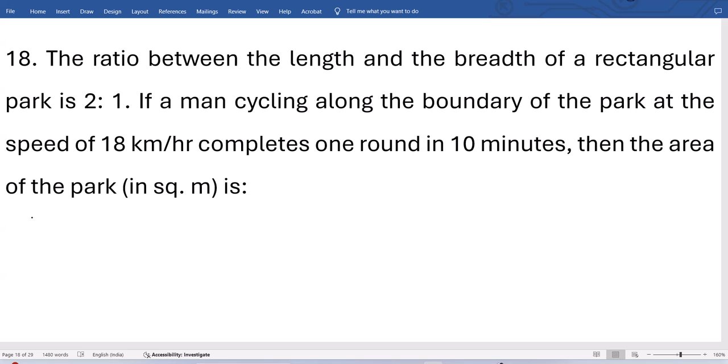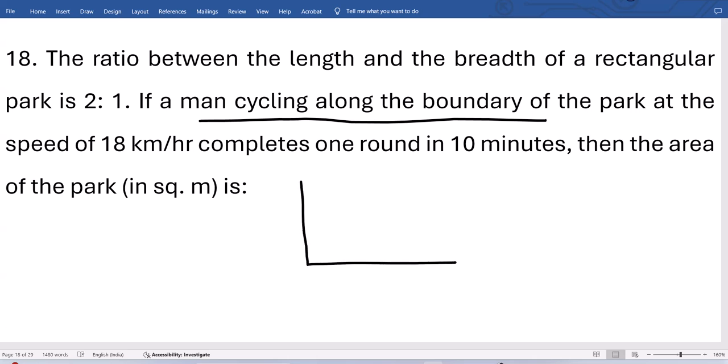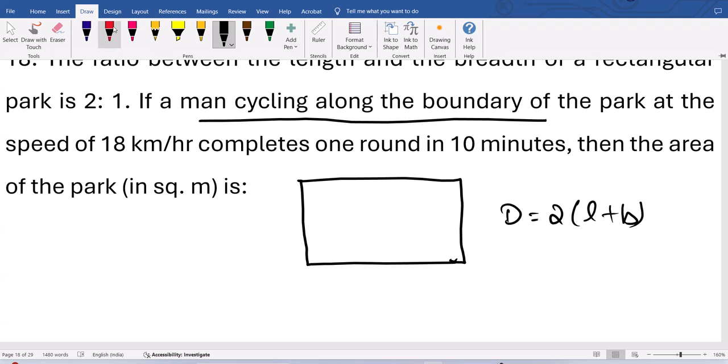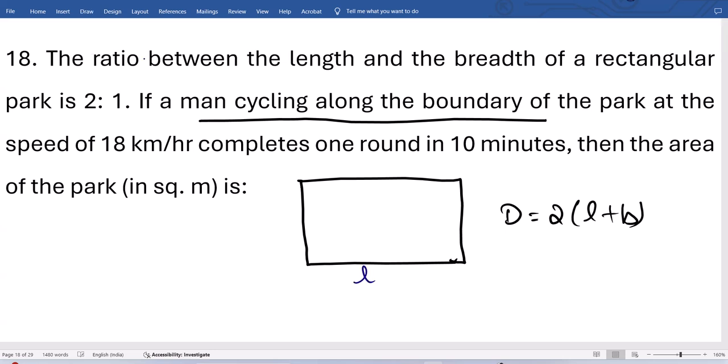Now, cycling along the boundary, what's the distance here? The distance is twice (L plus B) because you are cycling on the boundaries. This is L, B, L, B, 2 into (L plus B). Distance is speed into time. What is the speed? 18.